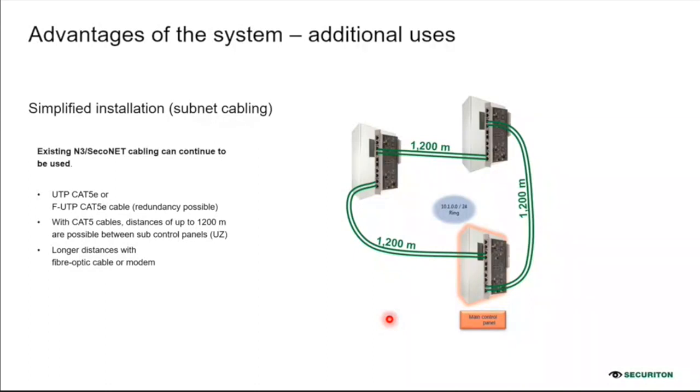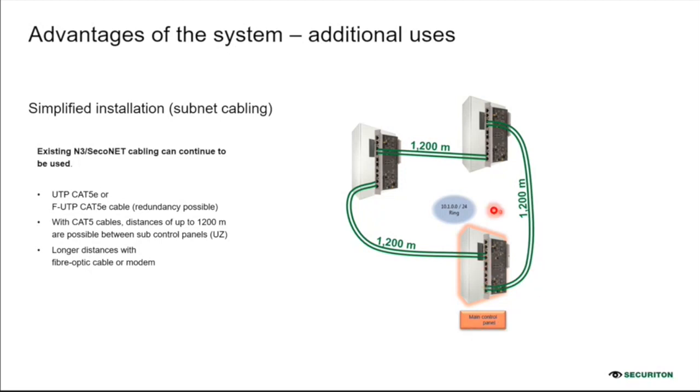So here is, let's say, the standard connection with a redundant loop. Only one loop is enough for the norms, but we can also make it redundant. And you see, we pass through the net card.